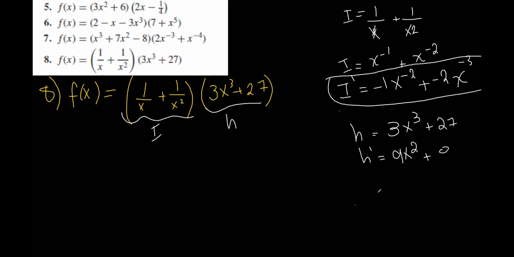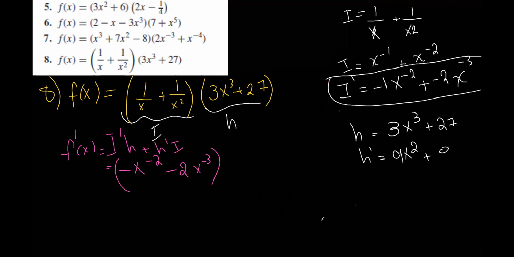Let's continue now. So f prime of x is I prime h plus h prime I. Now where's I prime? It is negative x to the power negative 2 minus 2x raised to the power negative 3, times, where is h? 3x cubed plus 27.